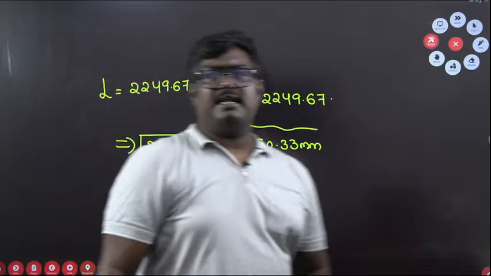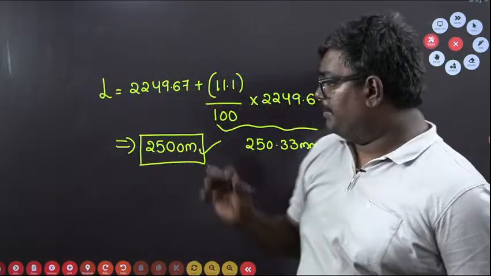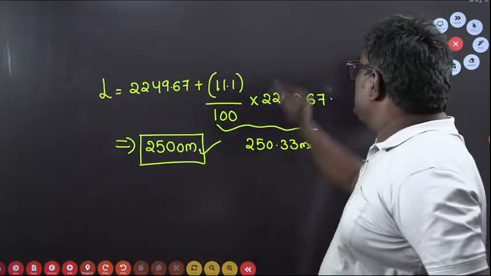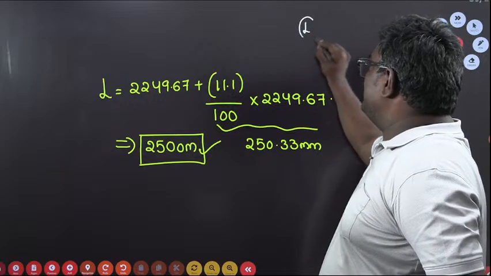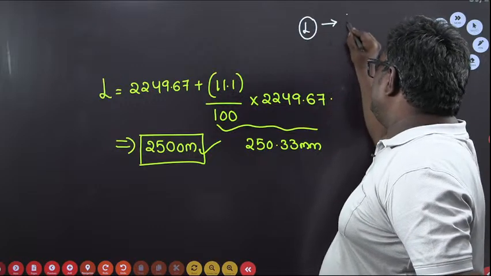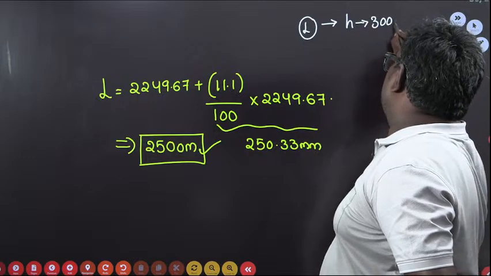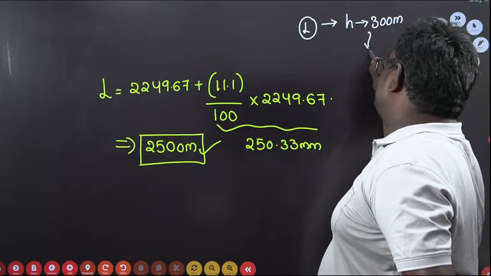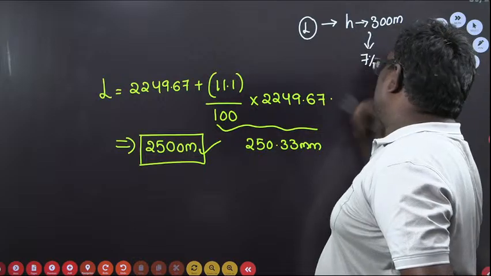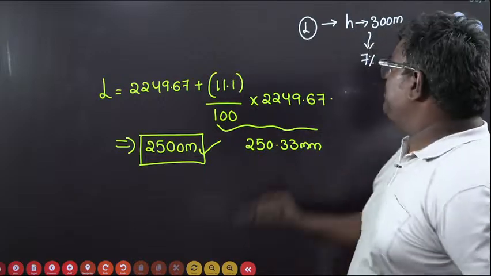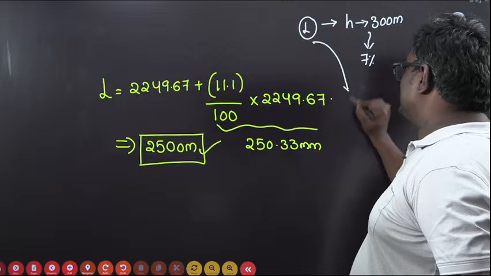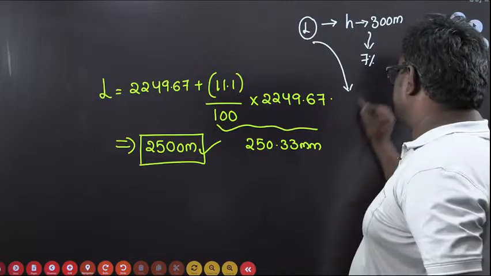So let me tell you one important thing here, students. If you are doing the correction for elevation, for every 300 meter of elevation, the correction is standardized as 7 percent. After that, we have the temperature correction.